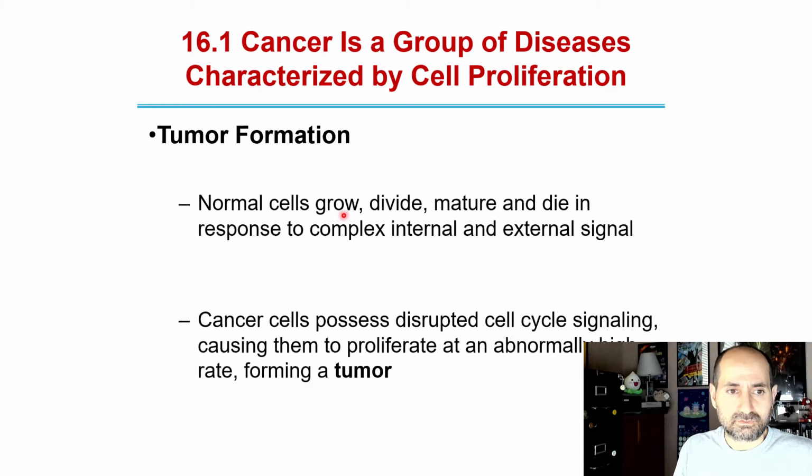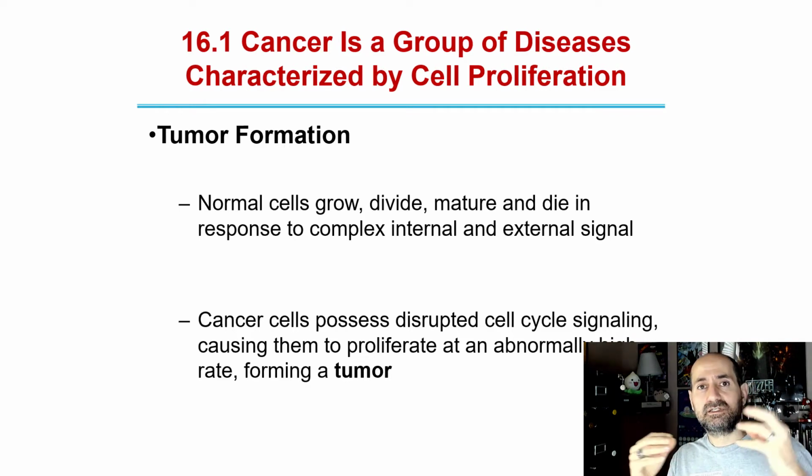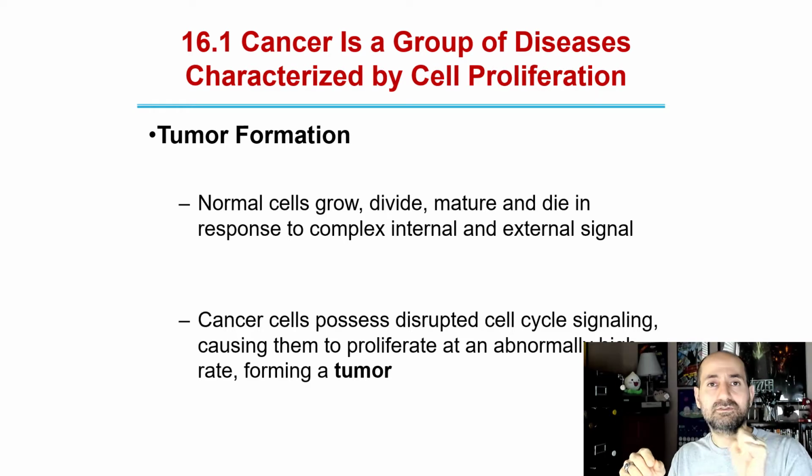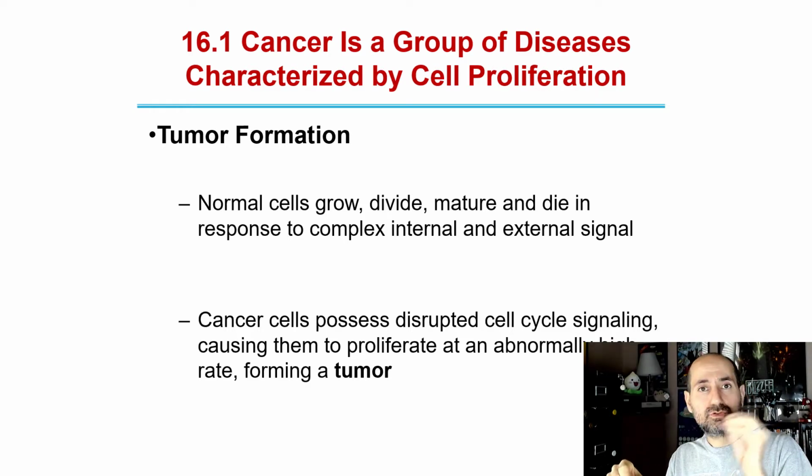So normal cells grow, divide, and mature and die in response to internal and external signals, right? Your skin cell knows when it's appropriate to divide, grow, stop dividing, start dividing. Does that make sense? And it's based on signaling. There are growth factor signals. There are endocrine signals.